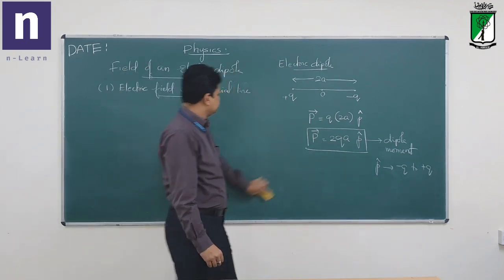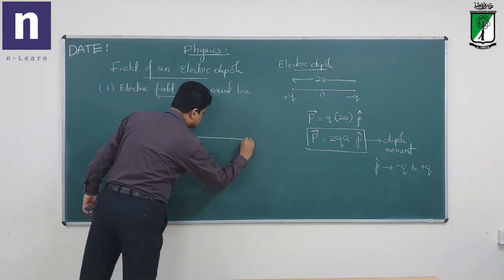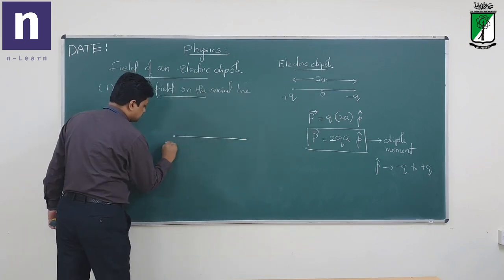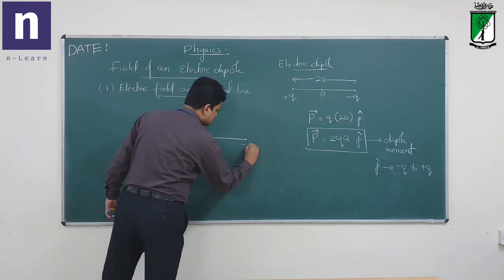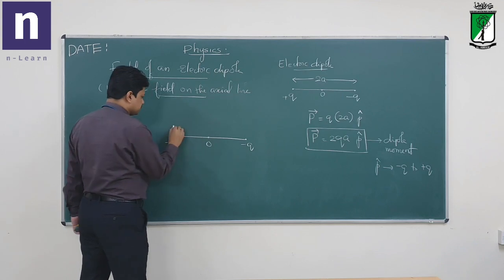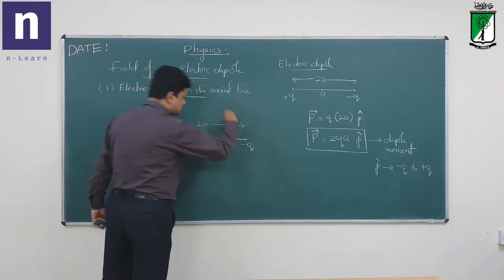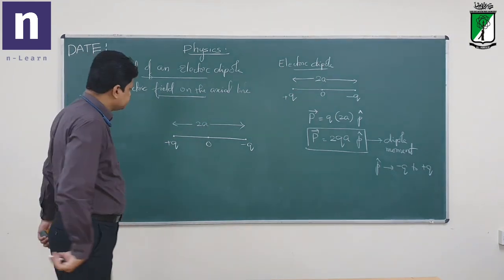Let me consider an electric dipole. Plus q, minus q are the two charges. The center is O. The distance between the two charges is 2a, as I already explained.